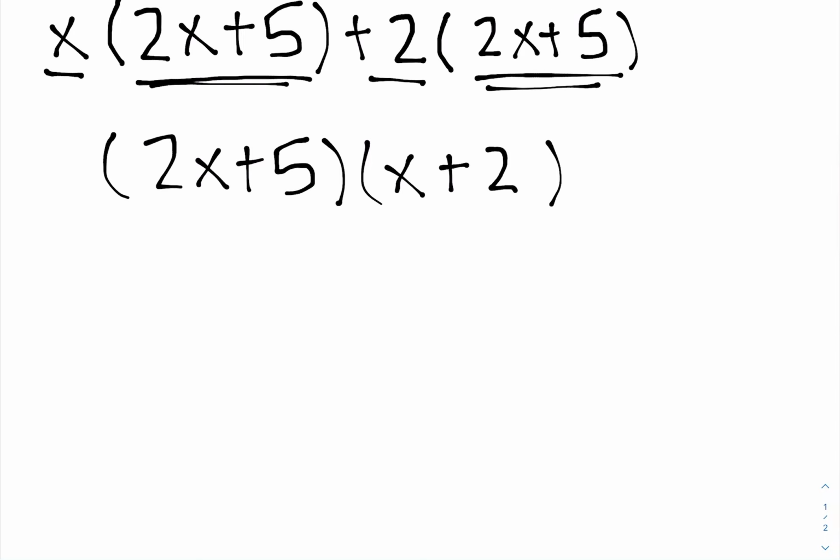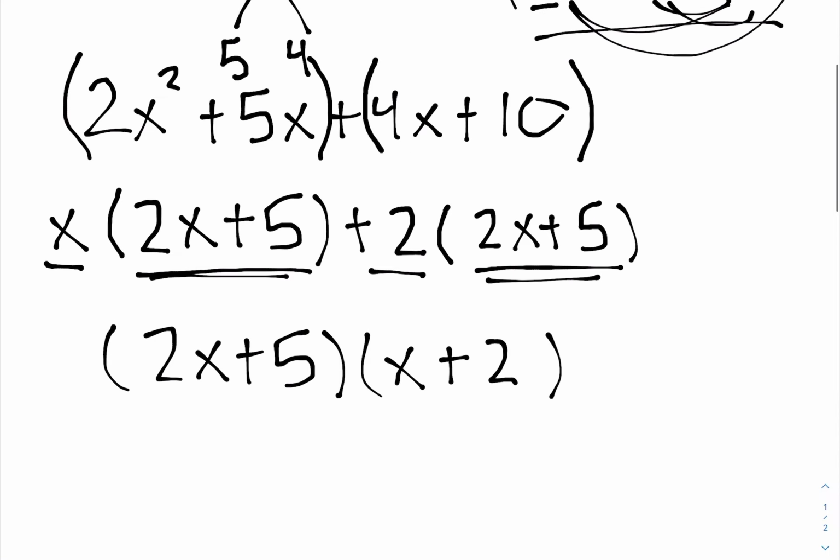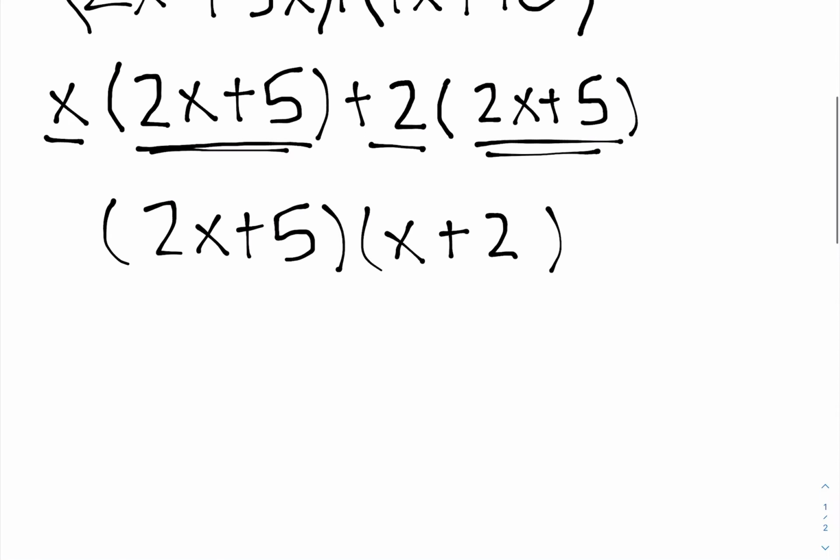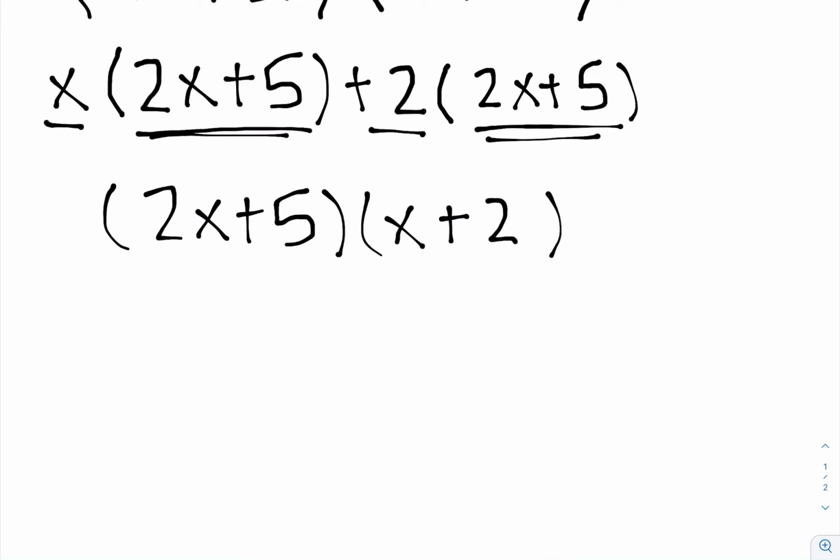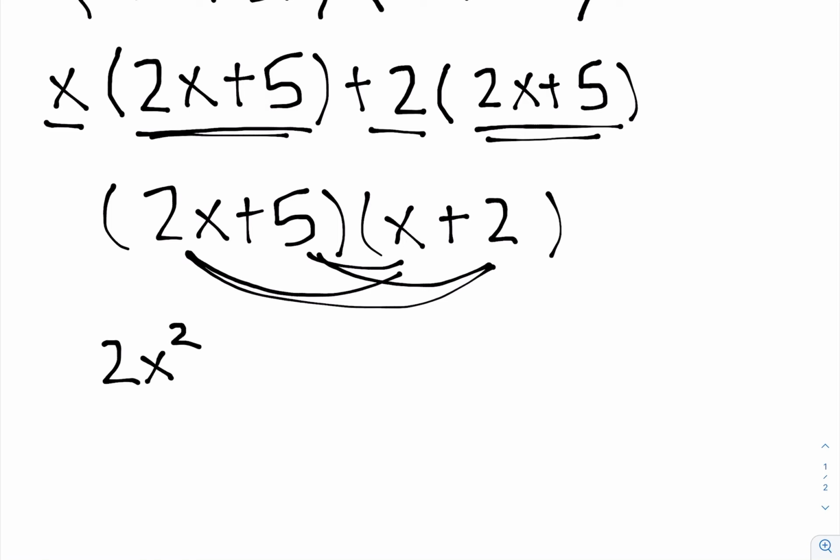If you're ever not sure if you're right, after you have your expression or equation factored, you can always expand out. You can do the rainbow method to expand your two brackets. So if we have 2x, we multiply it by x, we get 2x squared. We have 5, we multiply by x, we get 5x. We have 2x, we multiply by 2, we get 4x.